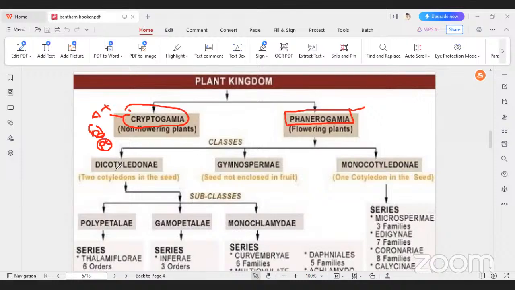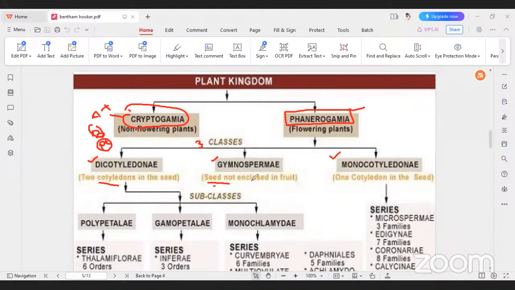And phanerogams they classified into three classes. Class 1, dicotyledons. Class 2, gymnosperms. And 3, monocotyledons. If the seed has two cotyledons, they are grouped in the dicotyledon class. In gymnosperms, the seed is present but not enclosed in a fruit; it is openly formed.